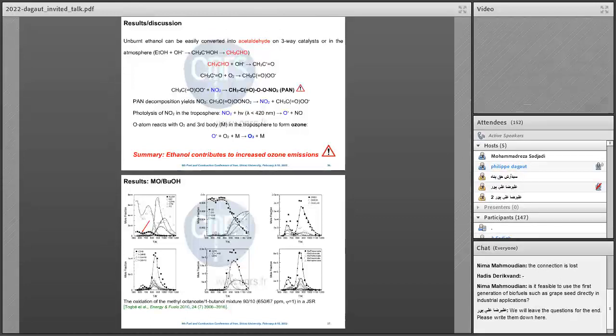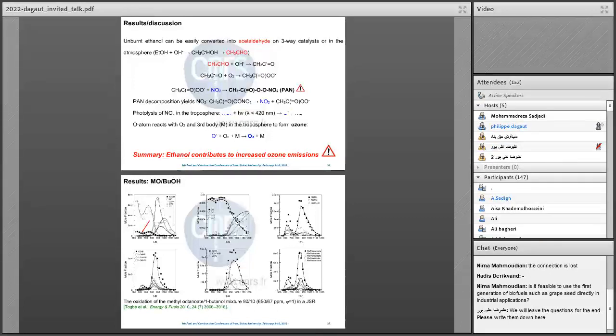Acetaldehyde is very reactive. The functional H atom here is very easy to abstract. So you get this radical, which can be peroxidized, producing this peroxy radical, which reacts with NO2 to produce peroxyacetyl nitrate, which is a pollutant.